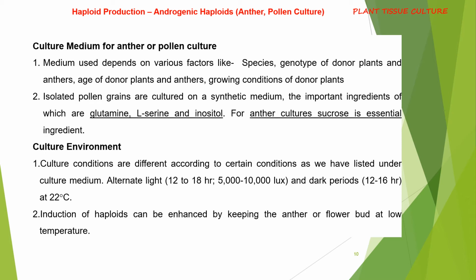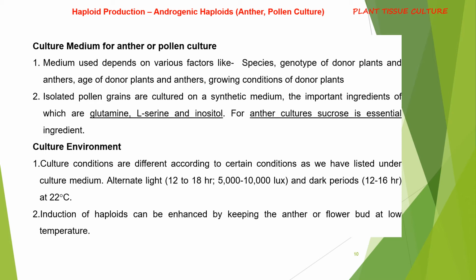Pre-treatment of anthers like starvation, osmotic stress, cold or heat treatments stimulate androgenesis. Nitrogen is found to be an important component for microspore culture. It is provided in the nutrient media in the form of amino acids.